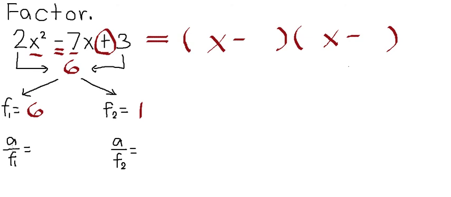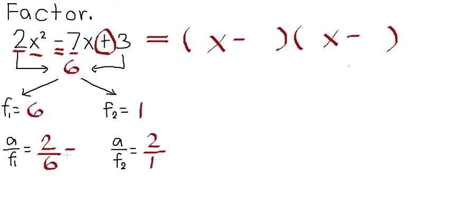Next step is find A over f sub 1 and A over f sub 2. So, our A is 2. 2 over 6. Our A over f sub 2 is 2 over 1. Ang f sub 2 natin ay 1.